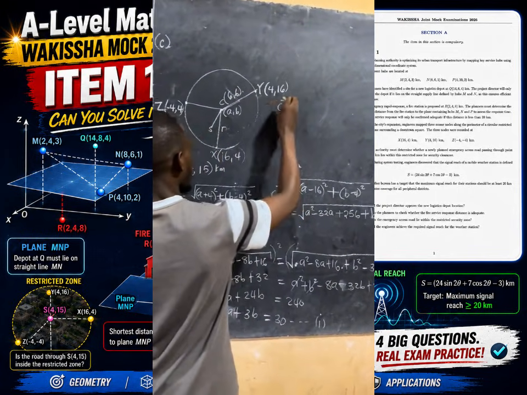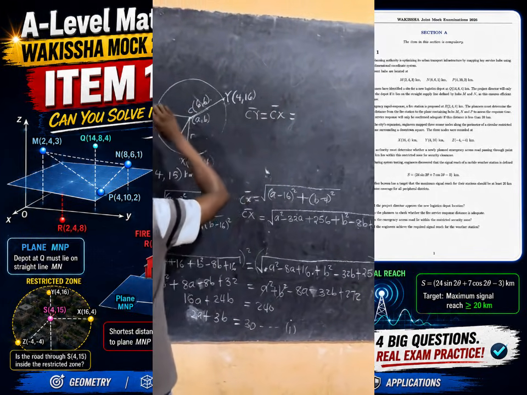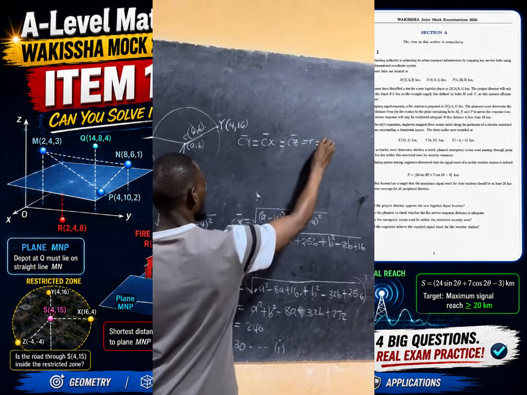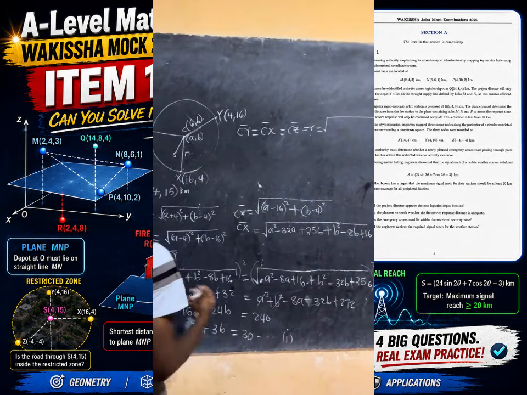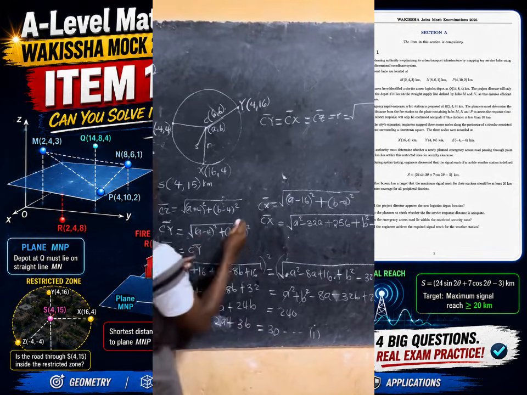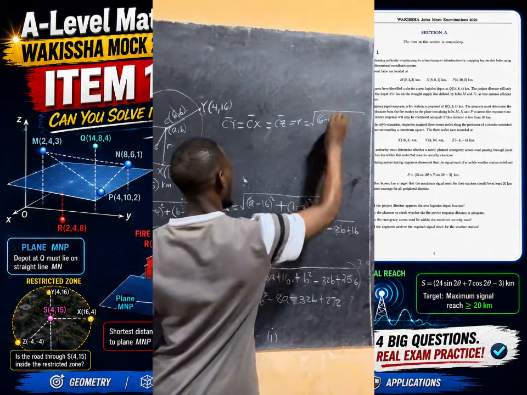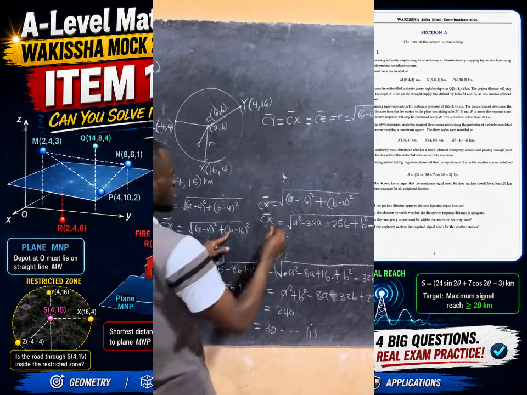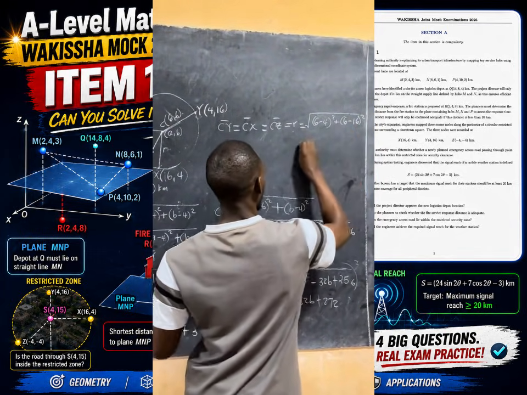CY is equal to CX is equal to CZ, which is equal to the radius, and this is going to be the square root of (6 minus 4) squared plus (6 minus 16) squared.